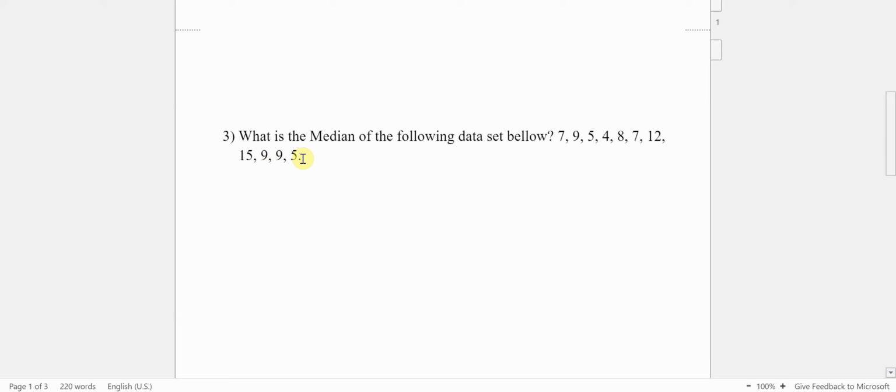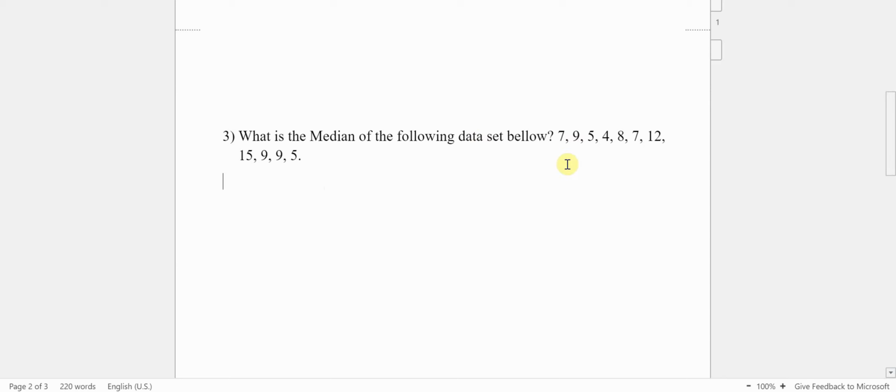If you have two middlemost numbers, then you take the average or the mean of them. That sounds pretty confusing, but let's go through it. Try tackling some more median problems or mean problems to help grow your flexibility. But let's try solving this problem.